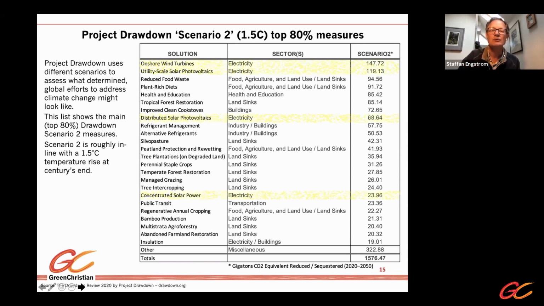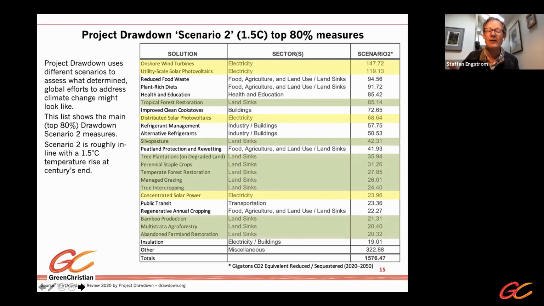So first of all, electricity was the main one. What does that mean? What is it really saying? Well, yes, wind turbines, photovoltaics, distributed photovoltaics, concentrated solar power, massive opportunities. That's where most of that 26% on the previous slide came from, in the yellow. The second key area, land sinks. What are they talking about?